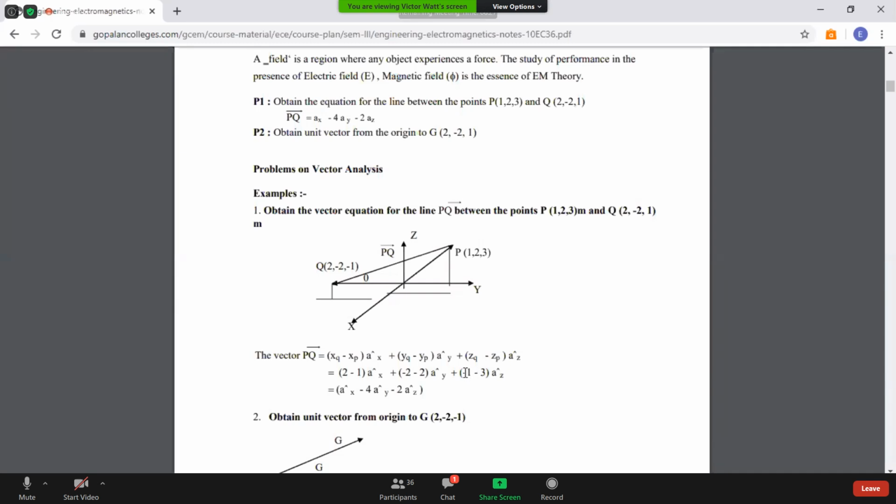This should be -4. No, Q is 1, so it should have a plus 1 here, not minus. So it's -2, this is correct. Everybody with me? Yes, sir.